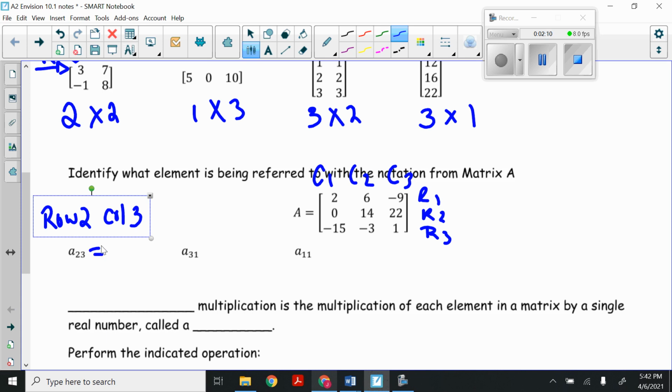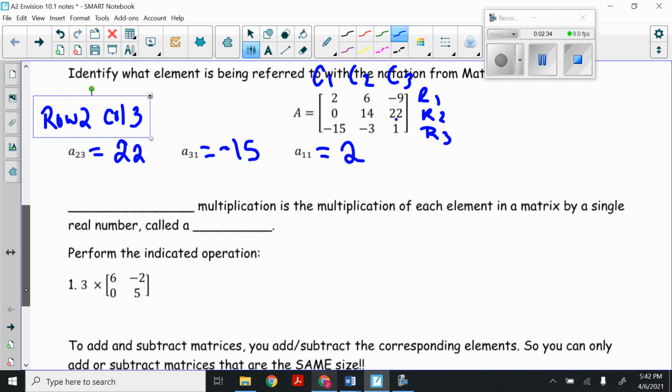The number 22. Next one, A31. It wants to know what element is in the 3rd row, 1st column: -15. The next one, A11. What element is in row 1, column 1? That's 2.